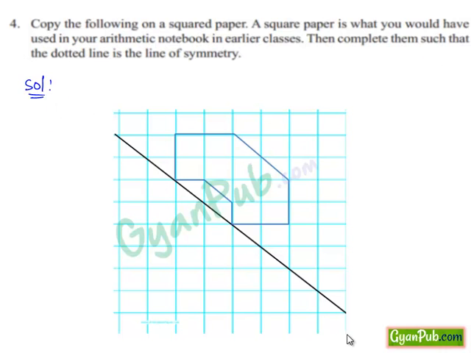Here we have the line of symmetry, and here is the half part and this is the hollow section of the part. Let's draw the symmetry for the hollow section first.